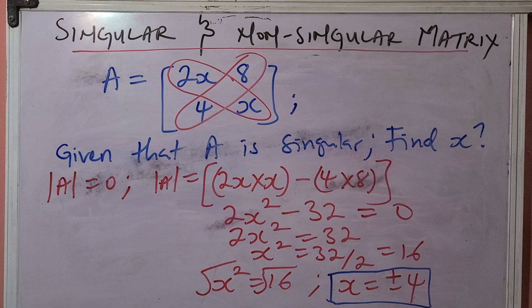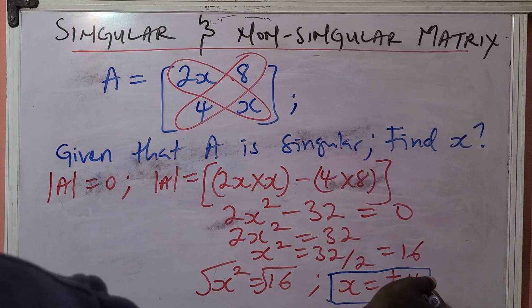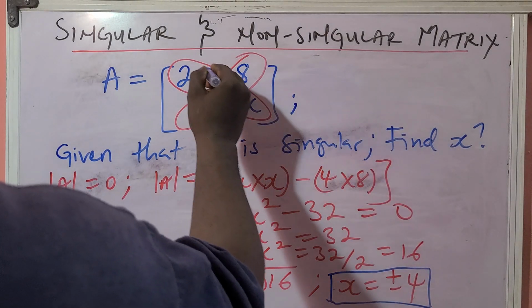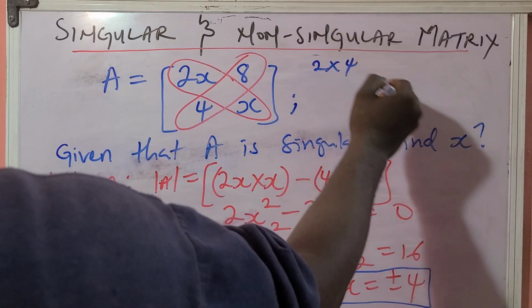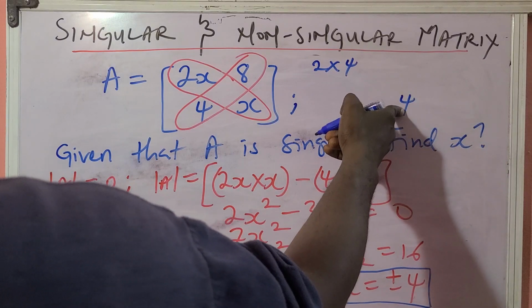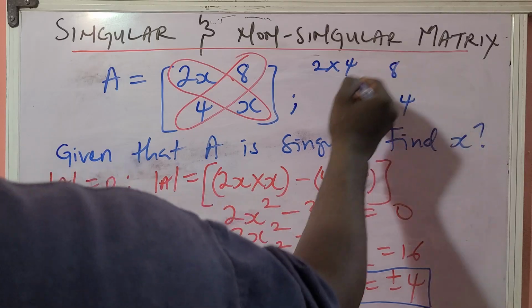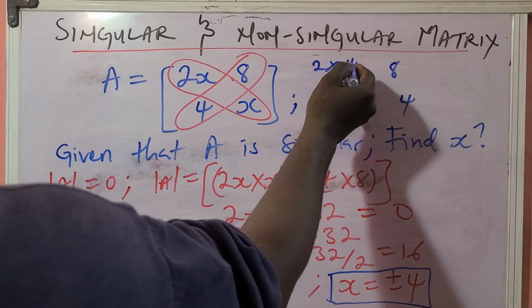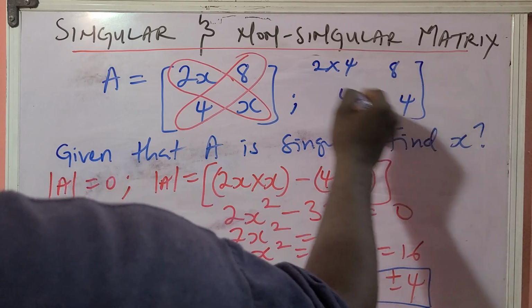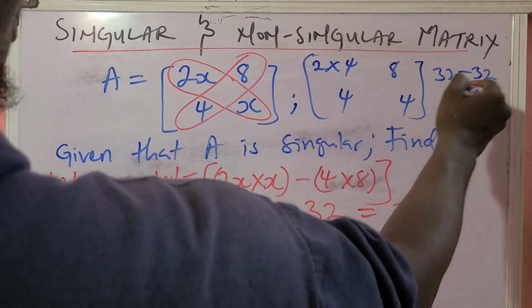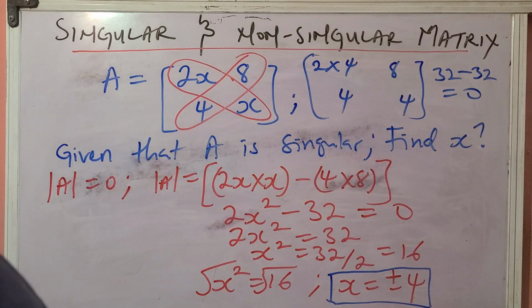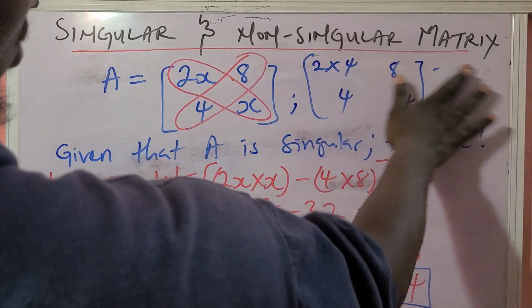If you fix in the value for x as plus 4, you'll be having 2 times 4 times 4, and then you have 8 here, you have 4 here. This will be 8 times 4, that will be 32. 32 minus 32 will obviously give you 0, which proves that this matrix was singular.